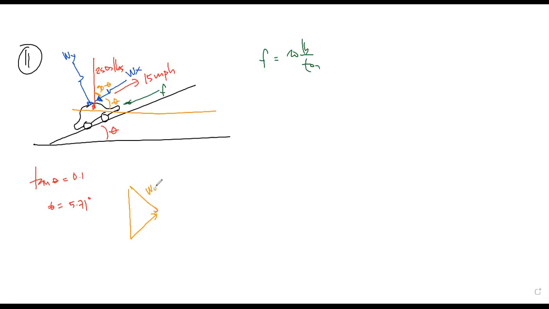So this would be WY, WX, and 2,500, and then 90 minus theta.